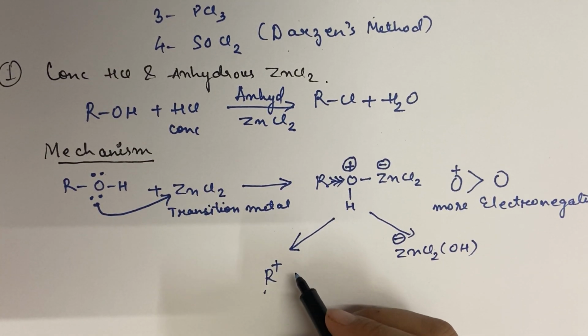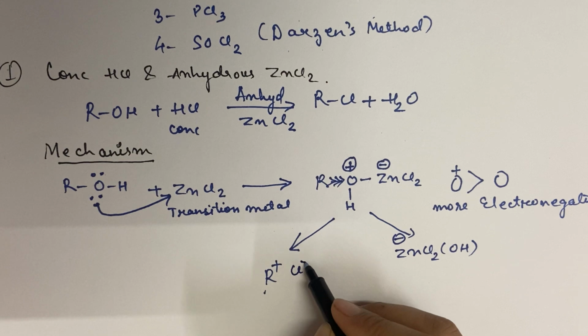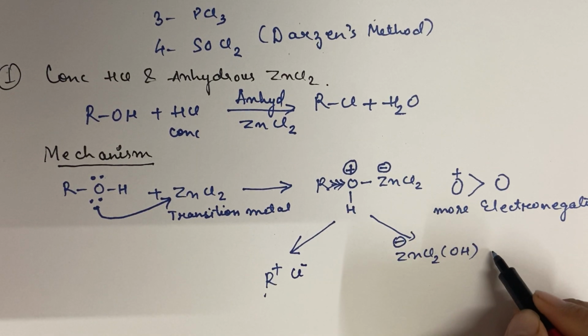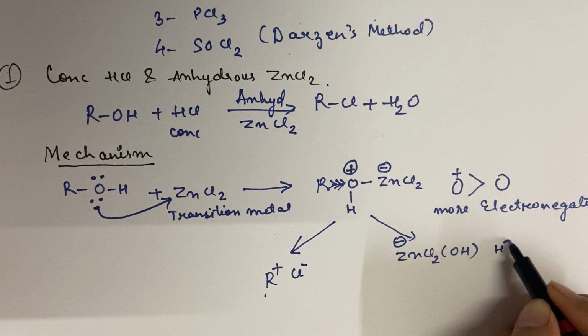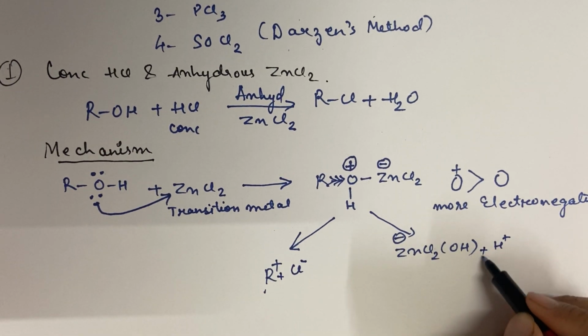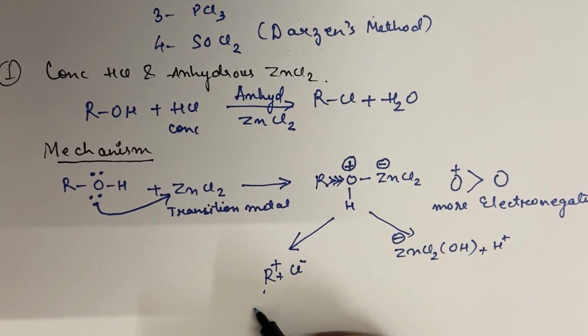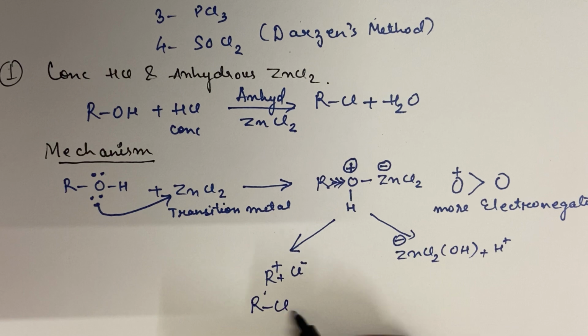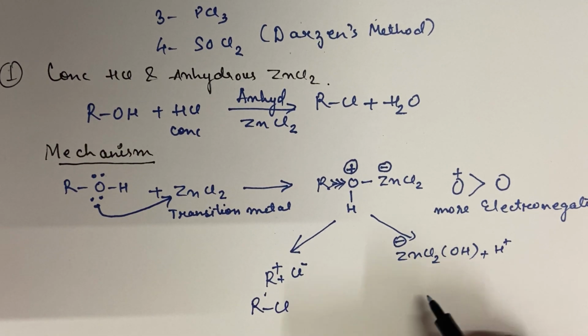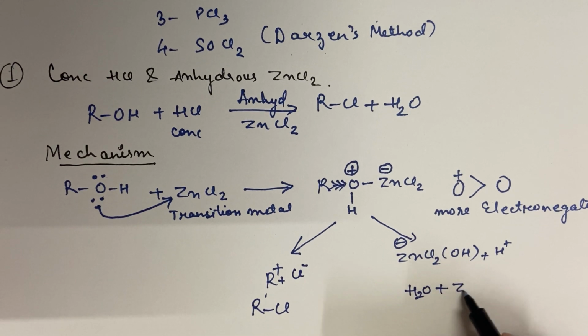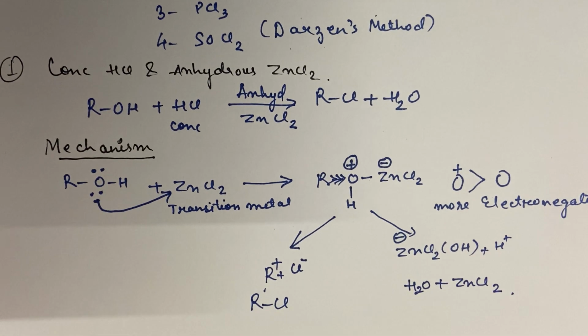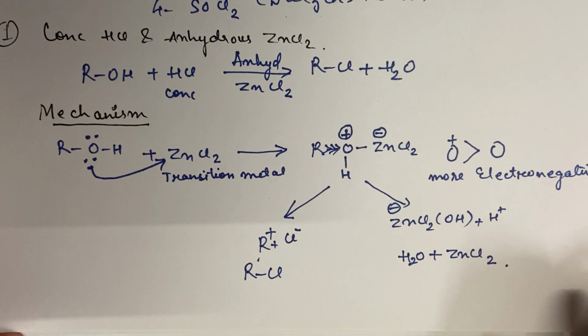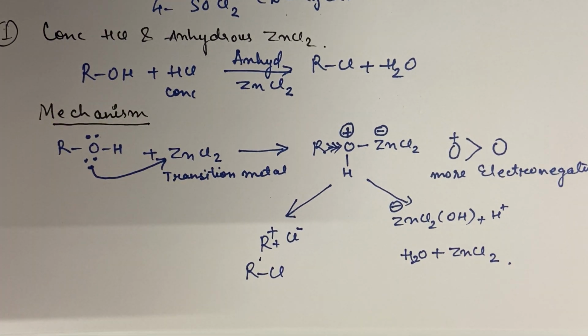So from HCl, Cl minus will come to R plus, and H plus will come to ZnCl2OH. So when R plus and Cl minus react, they will form RCl. And when ZnCl2OH minus and H plus react, they will form H2O plus ZnCl2. So in this way, this is the mechanism of the whole reaction.